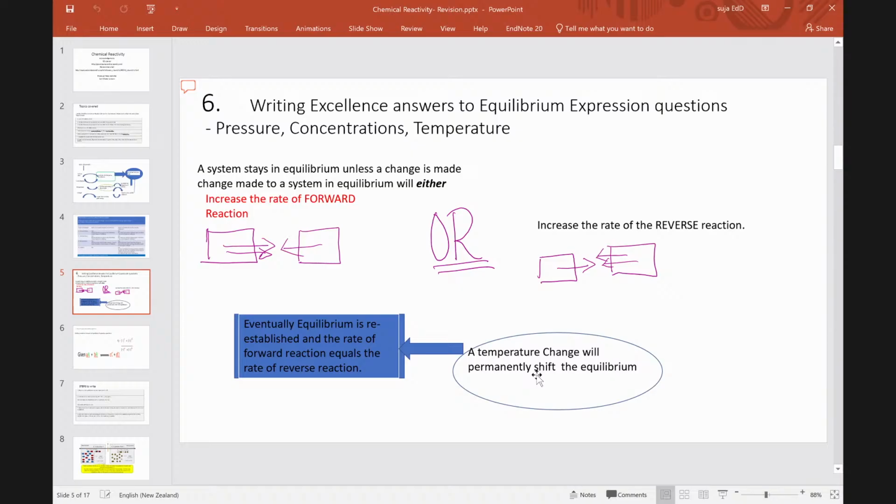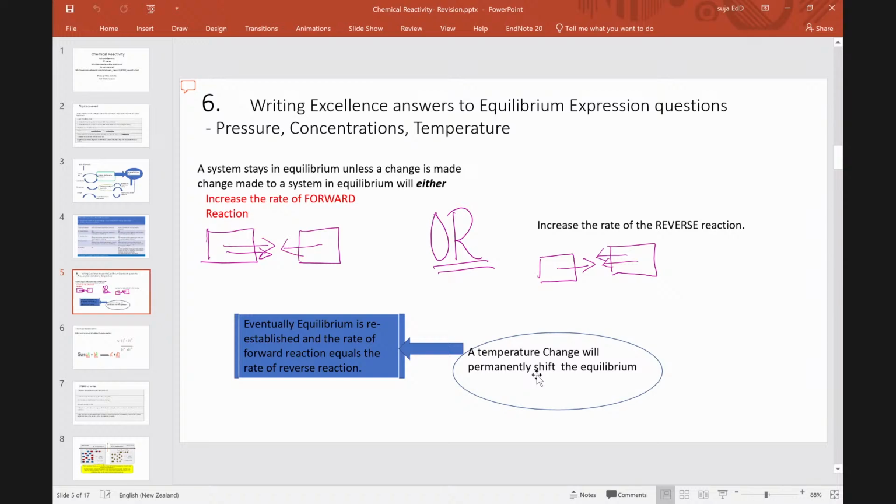But if you change the pressure or the concentration, if you're increasing the pressure or increasing the concentration, the rate at which your reaction goes from the reactant to product increases.